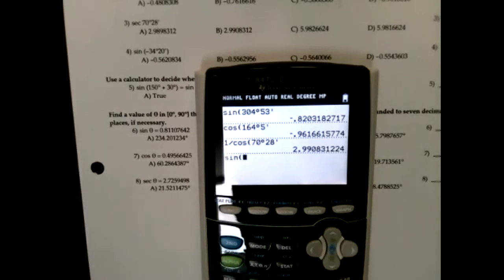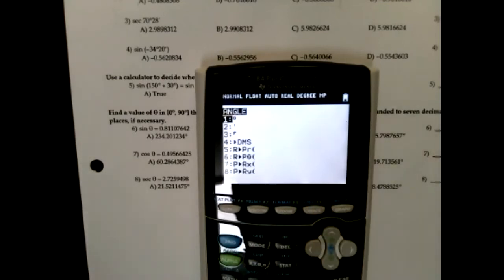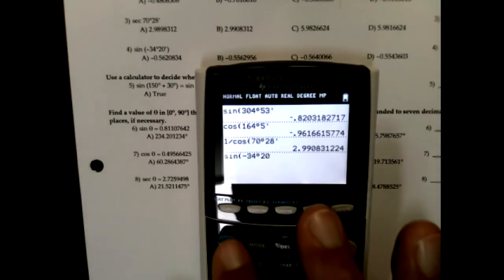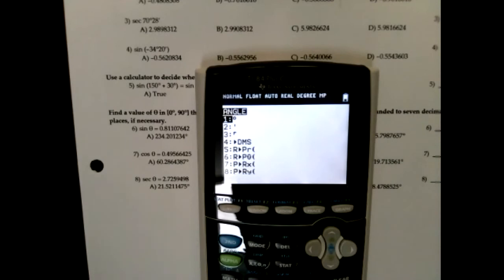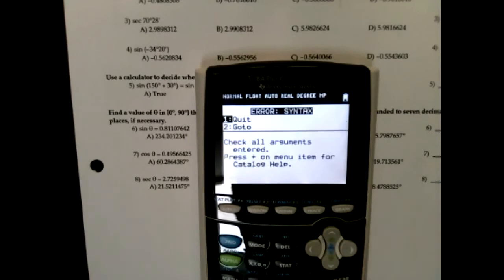Sine, I'm going to try it. Negative 34 degrees, 20 minutes. Second apps. Uh-oh, it did not like that, did it?